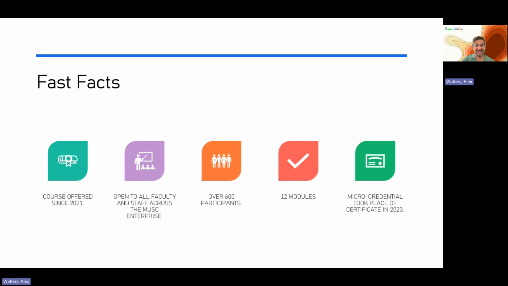So far, we've had over 600 participants that have signed up and gone through the course. The course consists of 12 modules, which I'll talk more about shortly. And then finally, we were able to have a micro-credential implemented in 2023. Previously, folks that went through the course earned a certificate, but now we have an official MUSC micro-credential. And again, I'll talk more about that shortly.